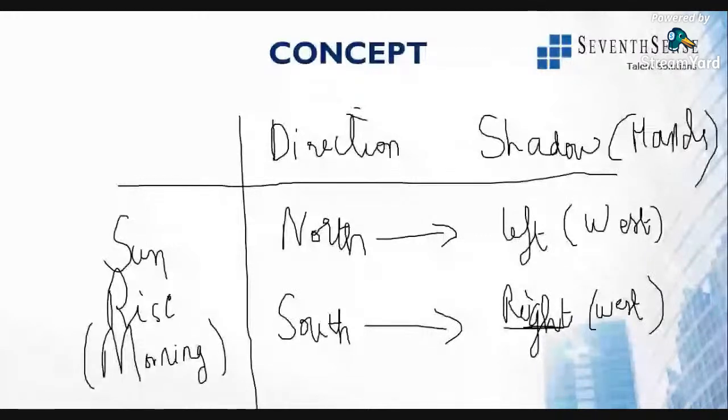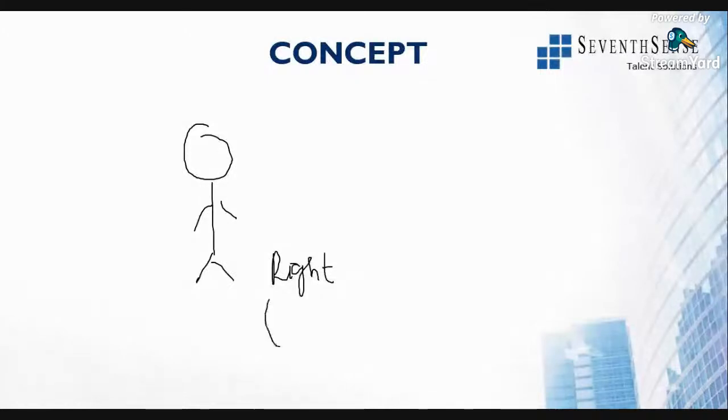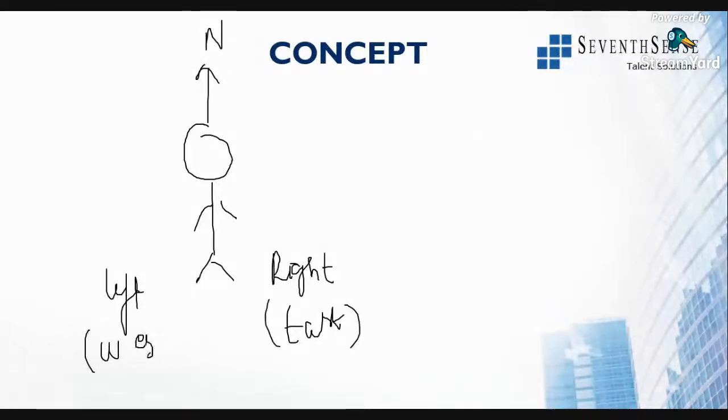All right. So hope you all understood the sunrise concept. Now the same thing with sunset. If you are looking at north, again, two different conditions here as well. All right. So this will become right side. So right side is always east. You all know that. Remember that whenever you're looking at north direction, right side will always be your east and left side will always become west. All right.